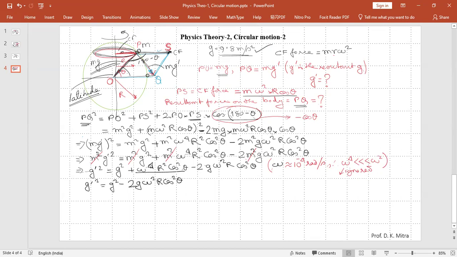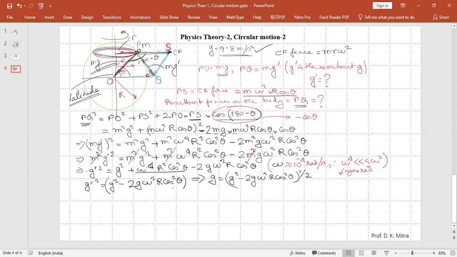In that case, from here we find g dash is equal to under root of this, that means g square minus 2g omega square r cos square theta whole to the power half.